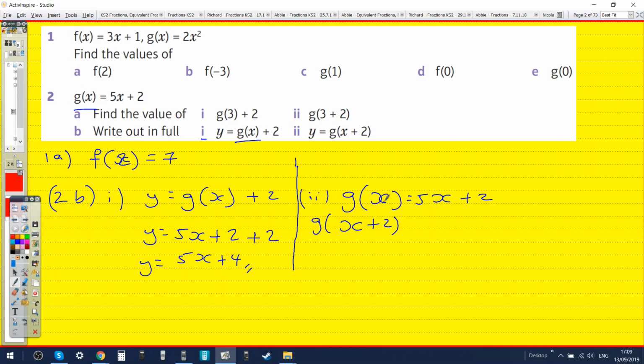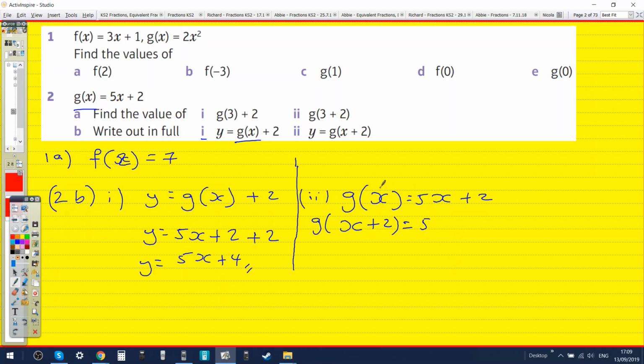So wherever there's an x, replace it with an x plus 2 in a bracket. Okay, yeah, so 5x squared plus 4?